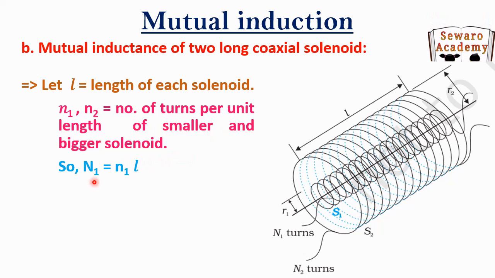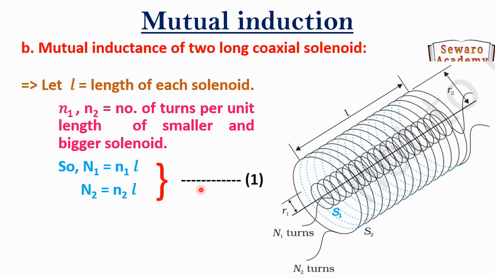Then the total number of turns N1 in the smaller solenoid is given by number of turns per unit length times length of the solenoid, N1 equals n1 L. Similarly, the total number of turns of the outer solenoid is N2 equals n2 L. Here capital N represents the number of turns and small n represents the number of turns per unit length. Let this be equation number 1, which we will use later on.